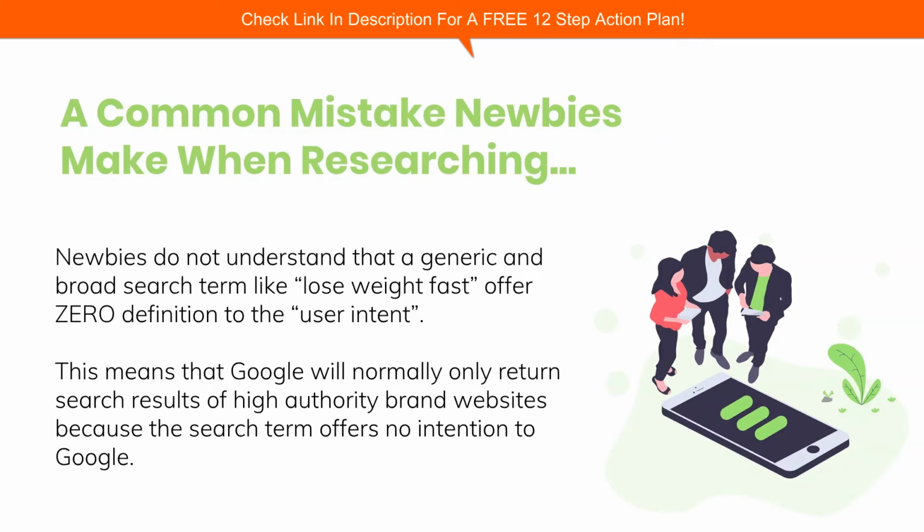So that means that when Google gets a search query like this, they will return generic results, all right? And generic results mean they only return the big brand websites with big domain authority, loads of backlinks, because Google knows that they can handle and solve the user query, which is generic, all right?